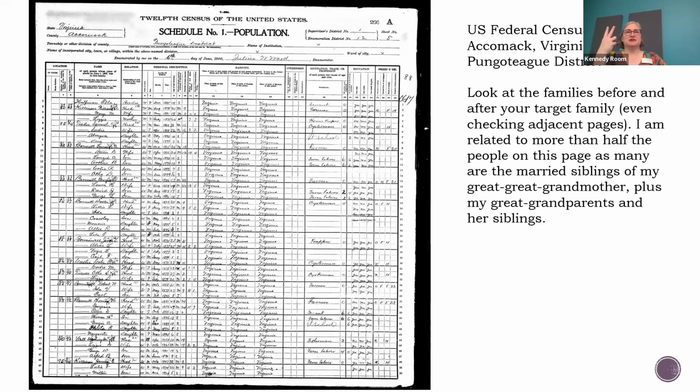Every state gets 2 senators, but based on population, each state gets their proportion of the 435, 438, I haven't looked at that statistic in a while, members of the House. In the early years, they just started with a certain number and they kept expanding, and then they ran out of space in the chamber and decided this is our top number.